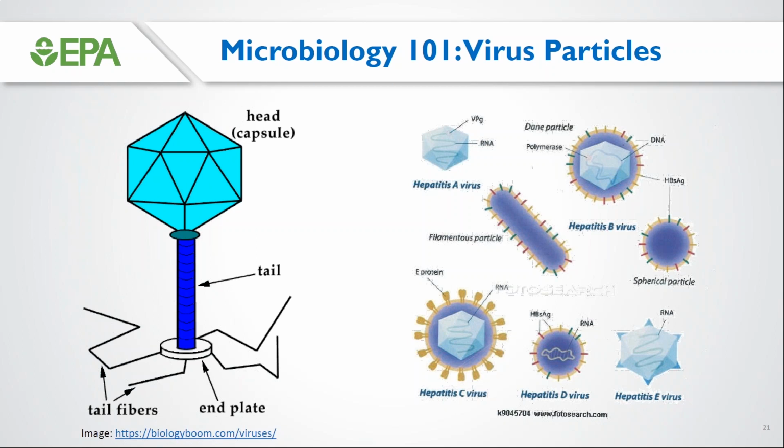And once it's inside its host cell, it can essentially hijack the host cell's machinery and then grow. It can replicate and then cause infection to other cells nearby it. Next slide.